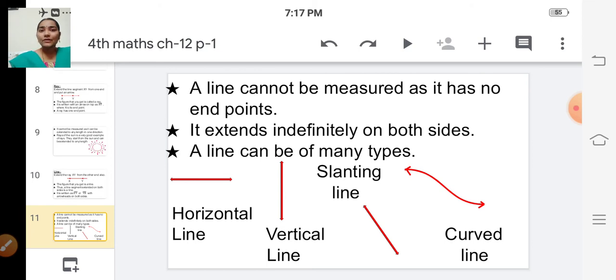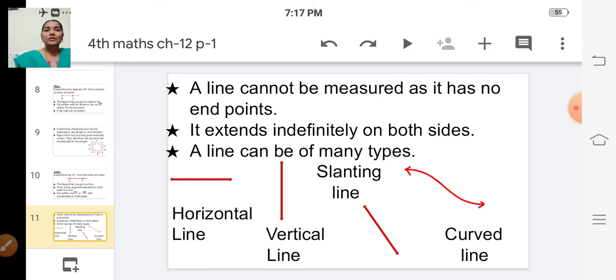A ray cannot be measured as it is extended from one end, and it can be extended to any length. So a ray cannot be measured. Similarly, a line cannot be measured since it has no endpoints because it is extended on both sides.